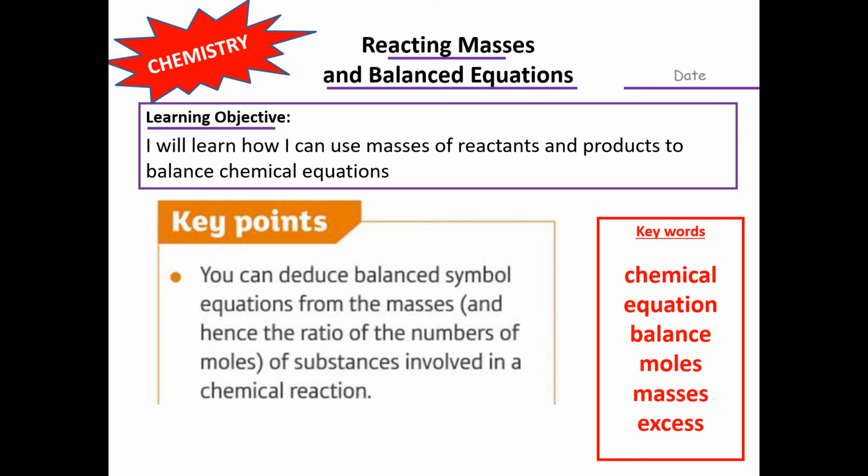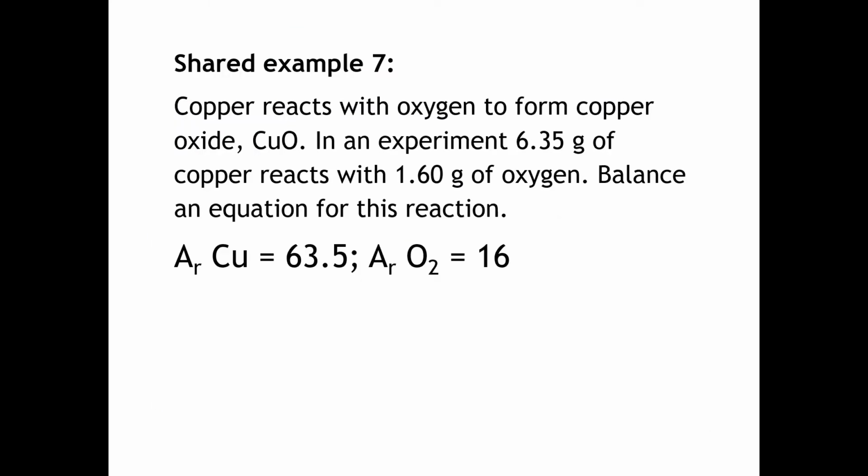You can deduce balanced symbol equations from the masses and hence the ratio of the number of moles of substances involved in a chemical reaction. We're going to use a shared example, and here is a past paper question. We have the question that copper reacts with oxygen to form copper oxide, CuO.